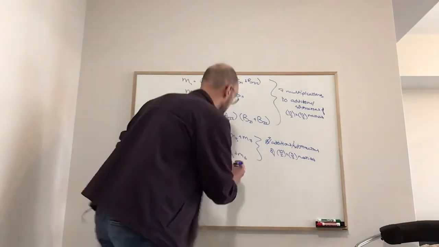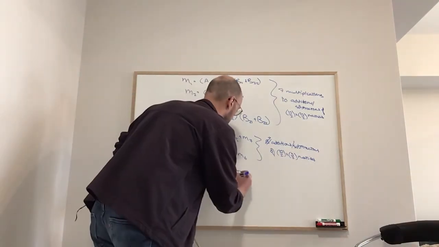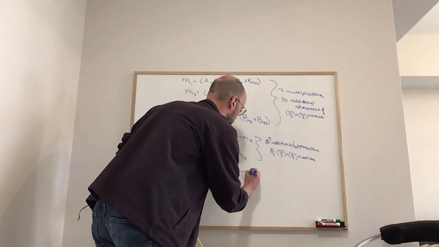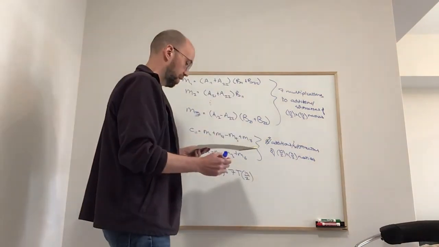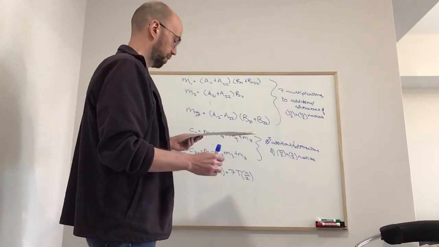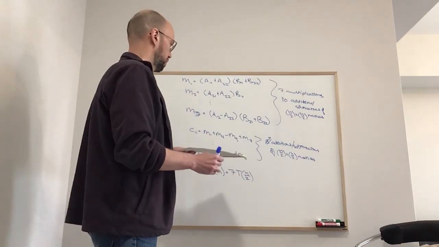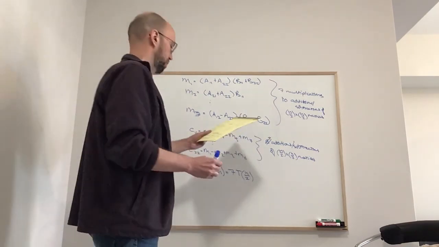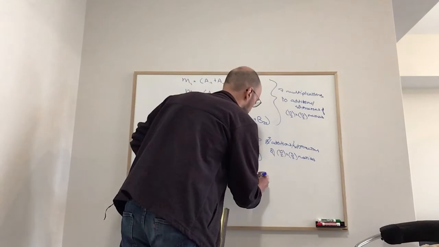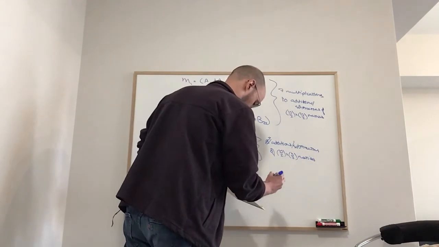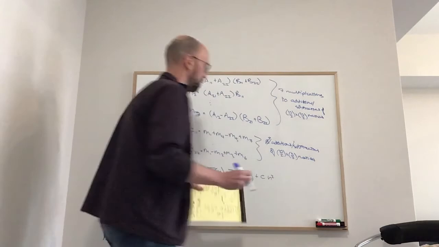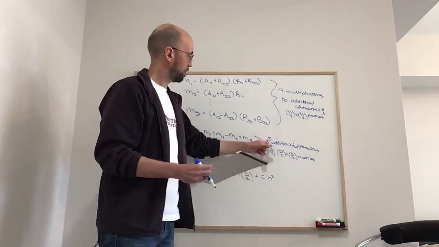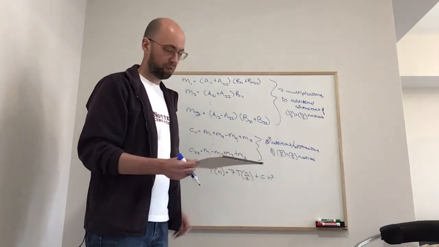So we have 7 T(n over 2), I'm ignoring ceilings, and then it's going to be some constant times n squared, where this constant depends on getting this number right.